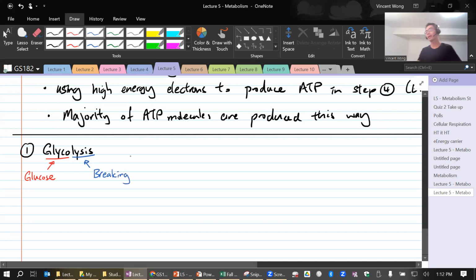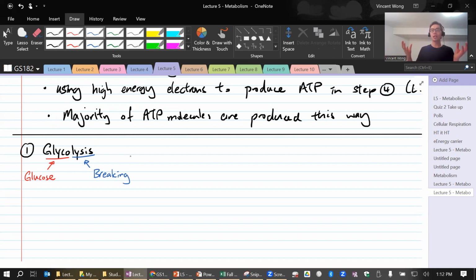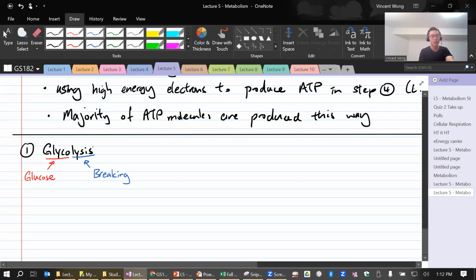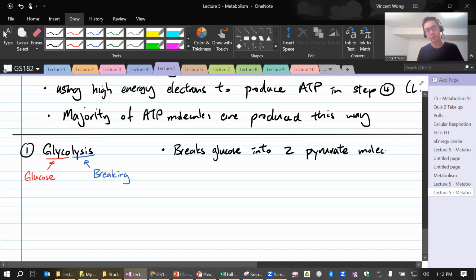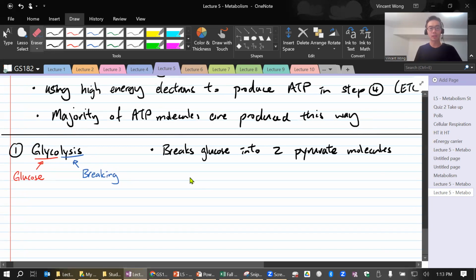Remember, if you put an animal cell in a hypotonic solution, it's going to swell up and it could lyse. Lysis is break. So glycolysis is to break down glucose into 2 pyruvate molecules. Sometimes pyruvate is also known as pyruvic acid. It doesn't matter, we can call it both. We're not going to make a distinction here.